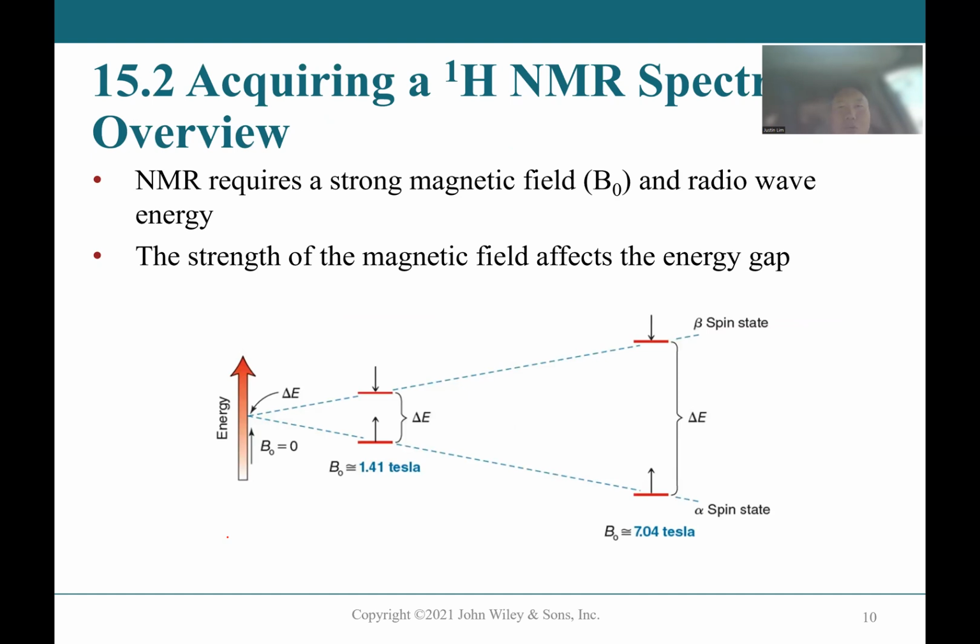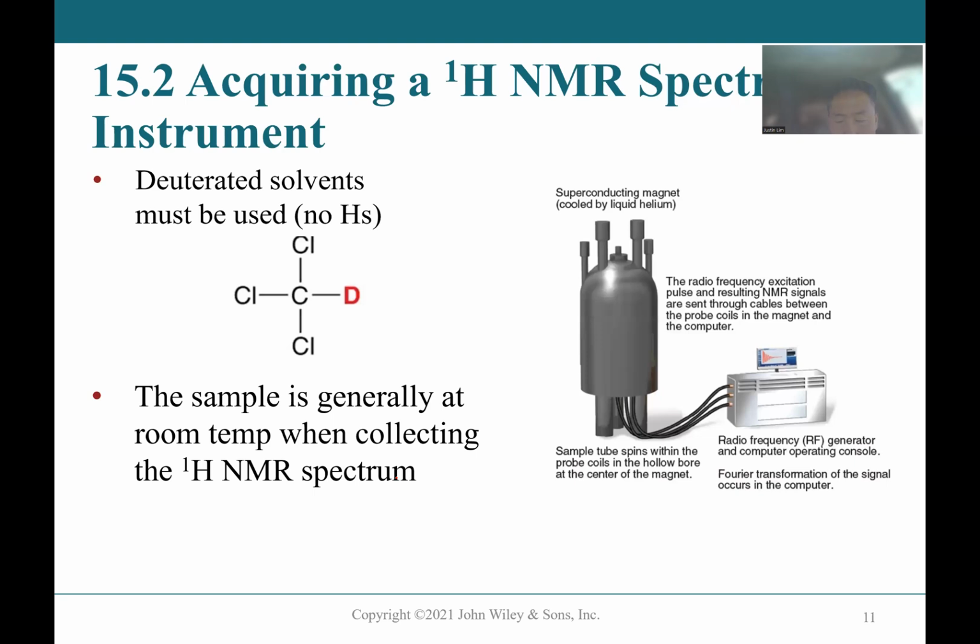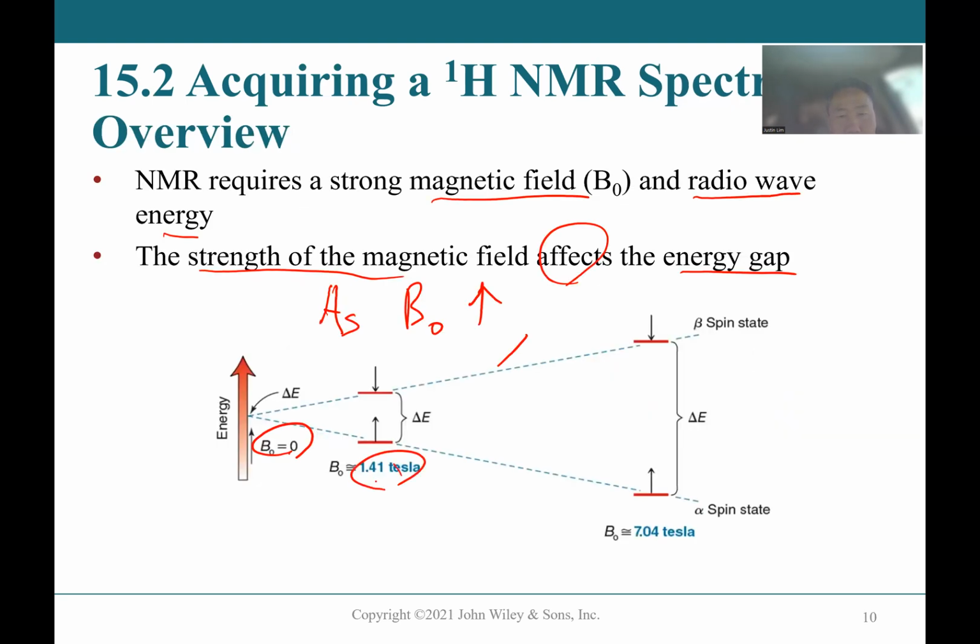NMR requires a strong magnetic field and radio wave energy. The strength of the magnetic field affects the energy gap. For example, as the magnetic field increases from 0 to 1.41 to 7.04, the energy gap increases from 0 to this number.